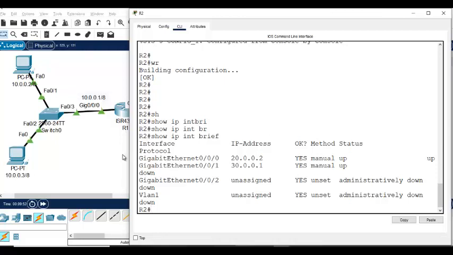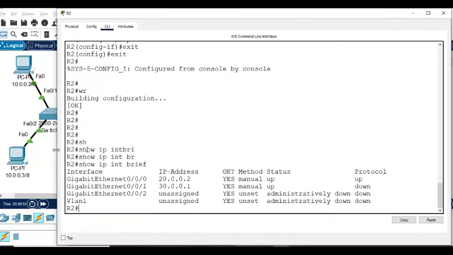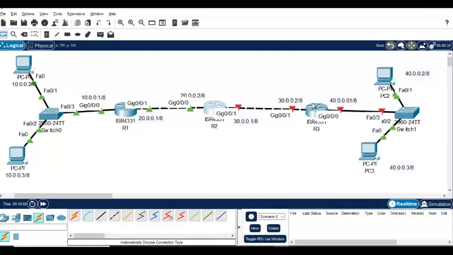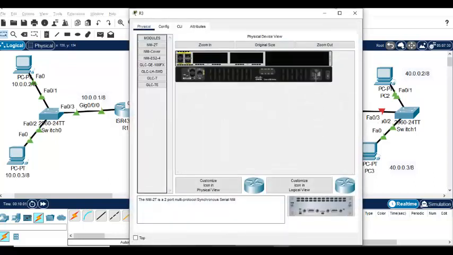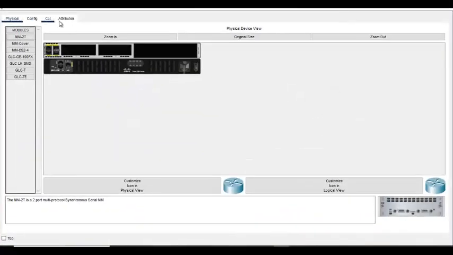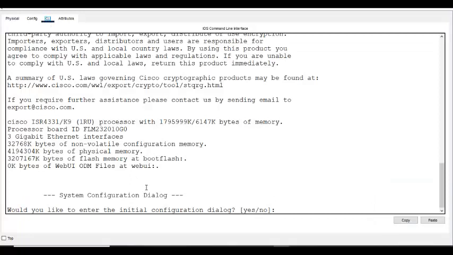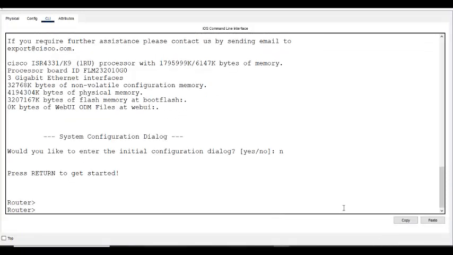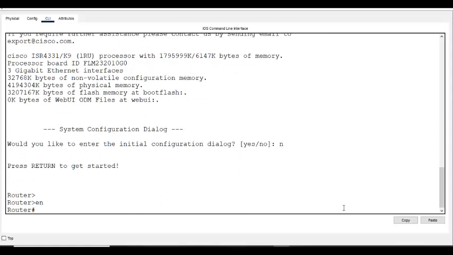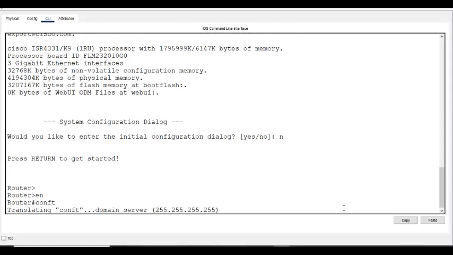Let's go to router 3. See, I didn't give a space, so it is searching for the command that I have typed. It will search for 1 minute.